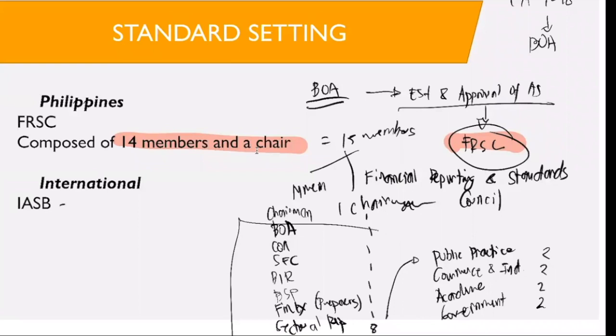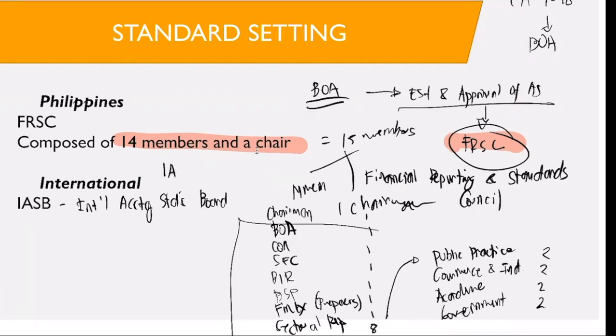IASB means International Accounting Standards Board. Okay. So we have your International Accounting Standards Board. It is a standard setting body that issues your accounting standards. The board is established as part of your International Accounting Standards Committee.